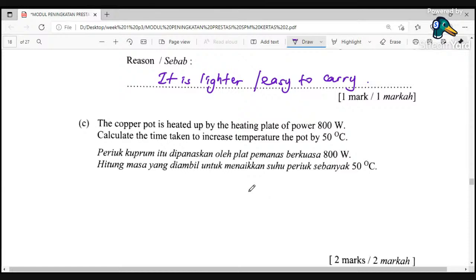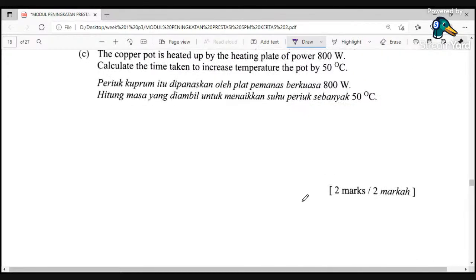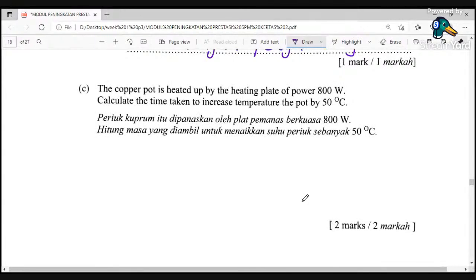Okay. Copper pot heated up by heating plate, power 800 watt. Calculate time taken to increase temperature of pot by 50 degrees Celsius. Okay. Heat supplied by heater.